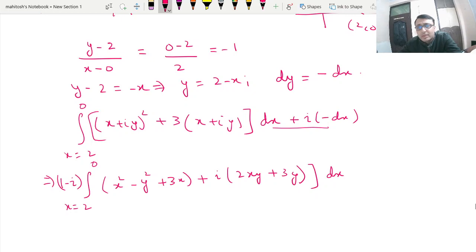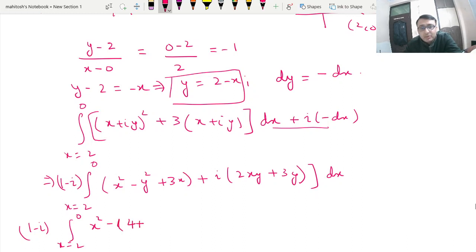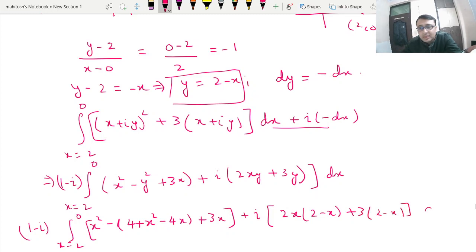Now we know that y is equal to 2 minus x, so I'll put it in. This is x square minus y square, which is 4 plus x square minus 4x, plus 3x, plus i times 2x(2 minus x) plus 3(2 minus x), and dx as a whole.